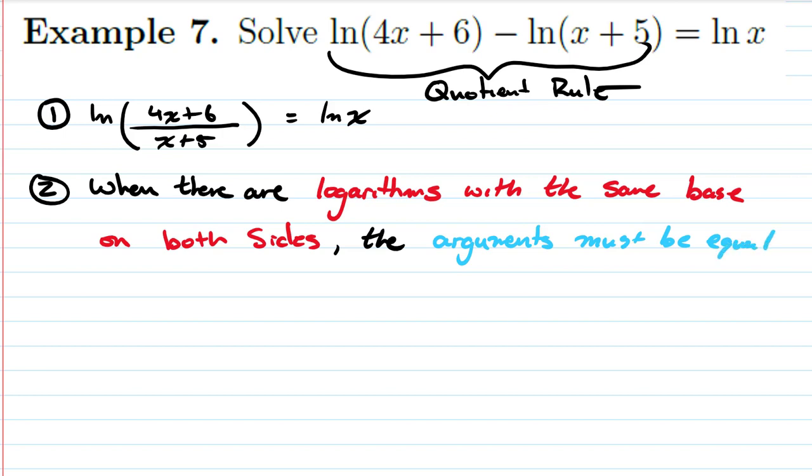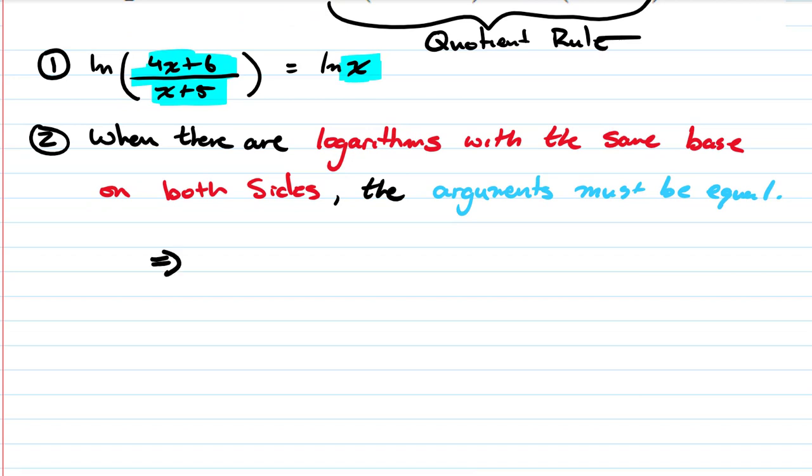What that means is the following. The argument of the logarithm on the left side is this, and that is the argument of the logarithm on the right side. So this tells us then that 4x plus 6 divided by x plus 5 has to equal x. So when we have the same logarithm on both sides of the equation, the insides of the logarithms must be equal. So now this is a rational equation.